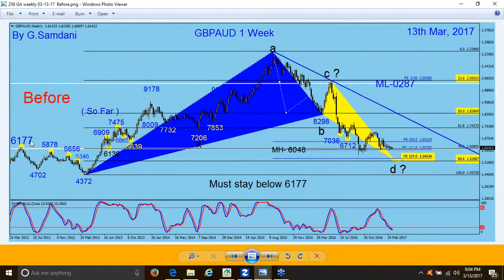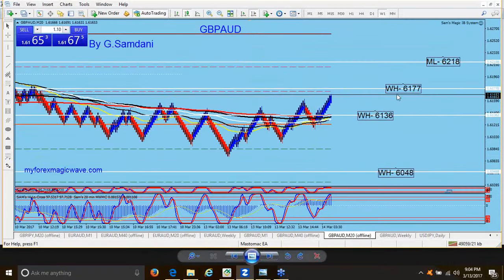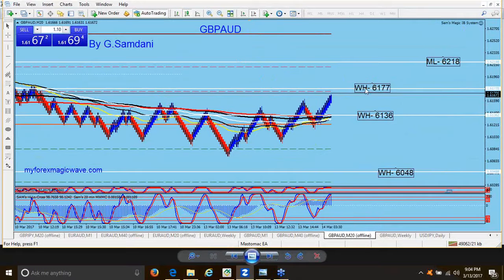Here, 61.77. Okay, we are playing around right there. So we must be below that number, and then get a short setup, and then go down. That's what I'm waiting for, and I will be waiting on this chart. Okay, so 61.77 is this, and even if it goes a little bit higher, 62.80, yeah, that's fine.